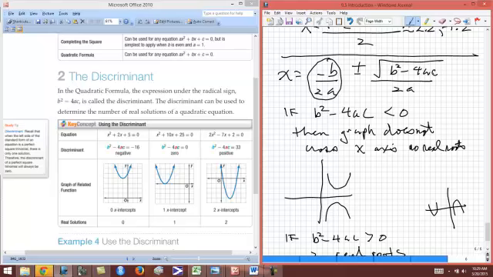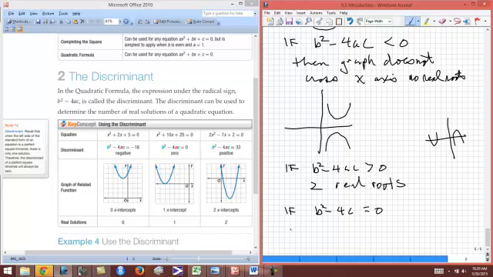Because if b squared minus 4ac equals 0, you have a perfect square, and the graph touches the x-axis at one point, something like that, or like that. One real root, so the axis of symmetry is also the single root.